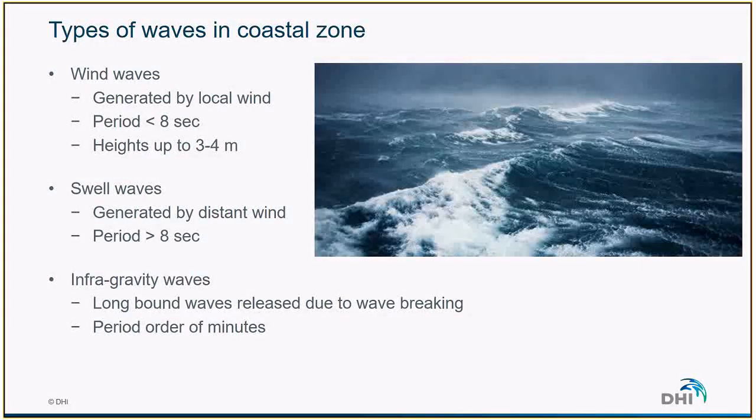Another main type of wave is the swell waves, which are typically generated by distant wind and which have a period which is larger than 8 seconds. And finally, infragravity waves, which are long-bound waves released due to wave breaking in the nearshore zone. These waves typically have a period in the order of minutes.